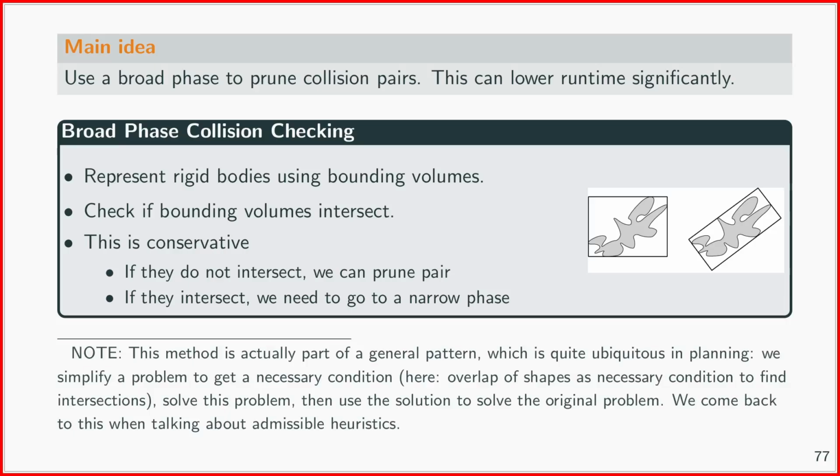And that is why the broad phase is much faster to do, and it can just prune a lot of collision pairs. And of course, this is conservative. So if the bounding volumes do not intersect, we can just prune them away. And if they intersect, we need to go to the narrow phase. And we just do a pre-classification of which collision pairs we should actually check.